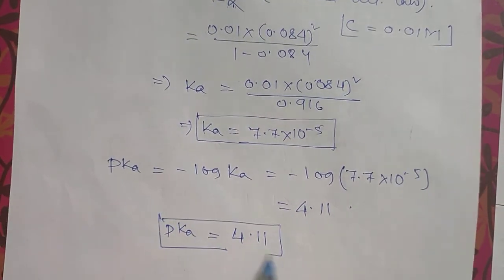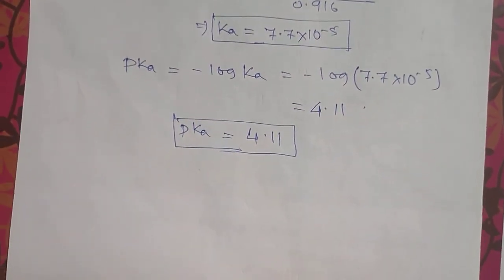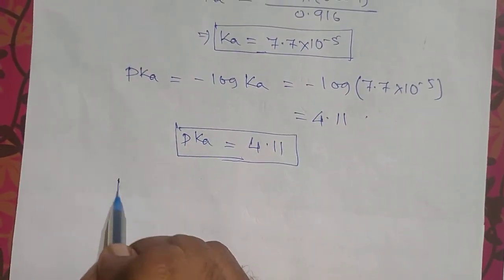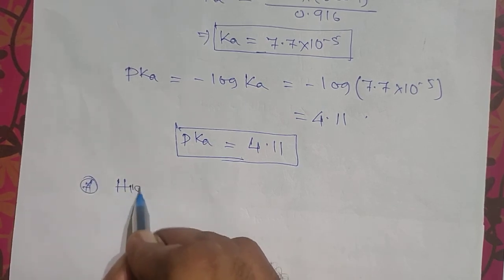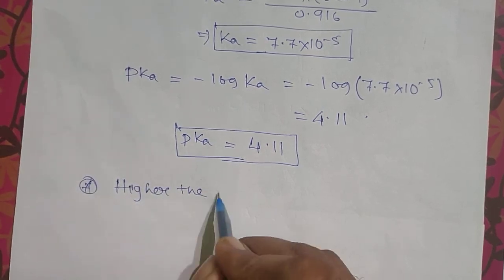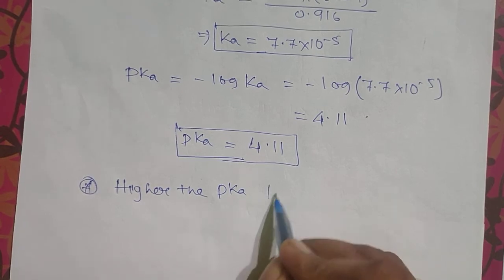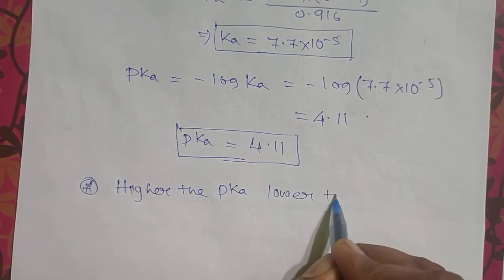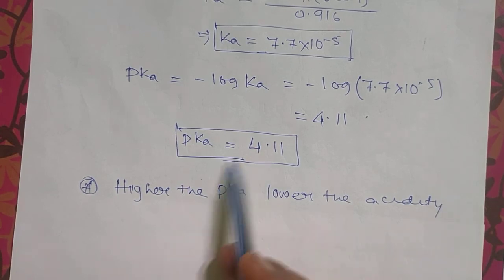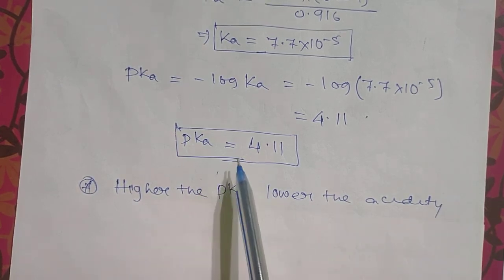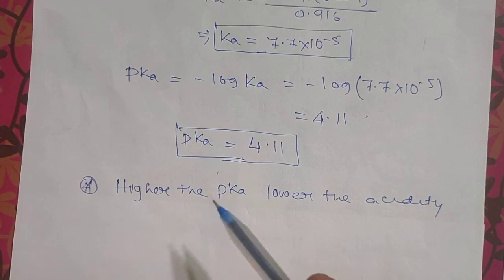Again we know that the higher the pK, the lower the acidity. For acids the pK value will be very small, like 2 or 3, and for bases the value will be higher.